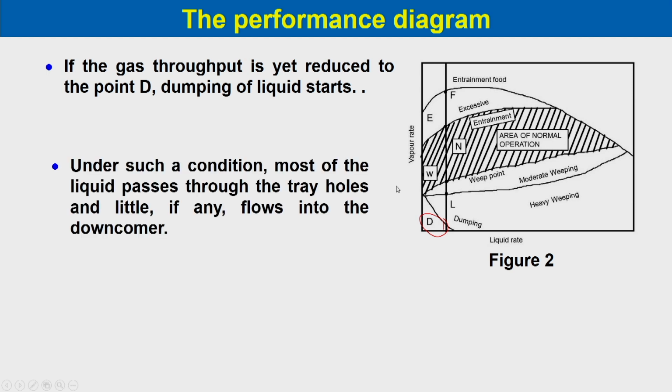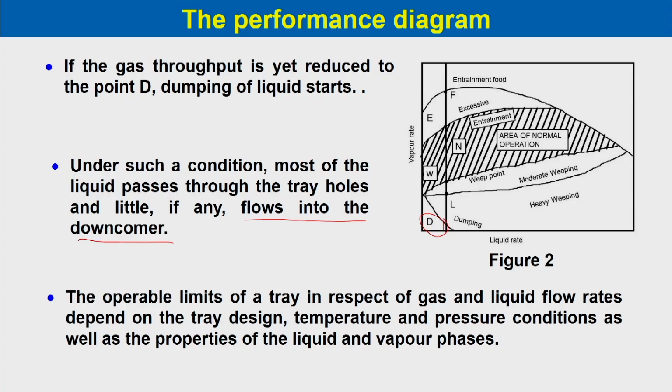Under such a condition, most of the liquid passes through the tray holes and little, if any, flows into the downcomer. So, all the liquid which comes from the top tray will pass through the perforations and fall down directly, with little or no flow through the downcomer.